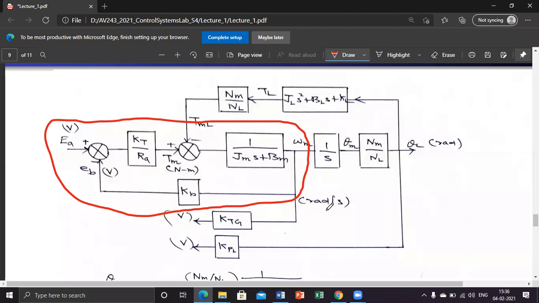So finally, you assume that there is a tacho generator connected to the motor shaft, which will give voltage corresponding to input radian per second, and hence the unit of this transducer is volt per radian per second. Similarly, the potentiometer provides a voltage corresponding to a particular radian, having the unit of volt per radian.